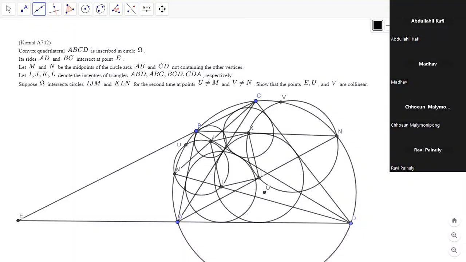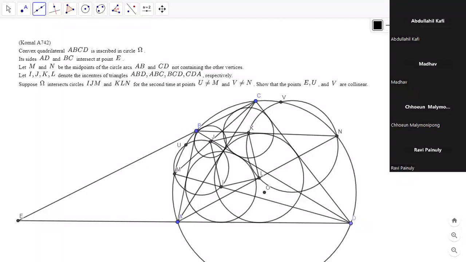Maybe Michael's theorem would be helpful or something. So we want to show these are collinear. Feels a lot like the radical axis theorem, right?